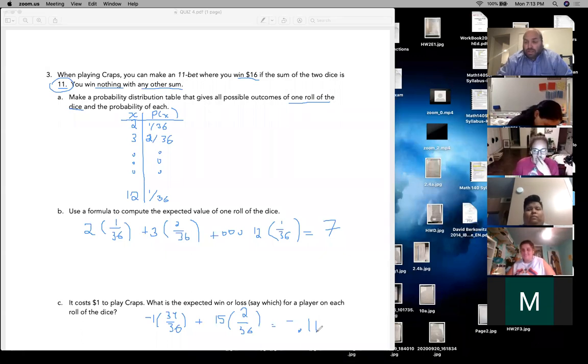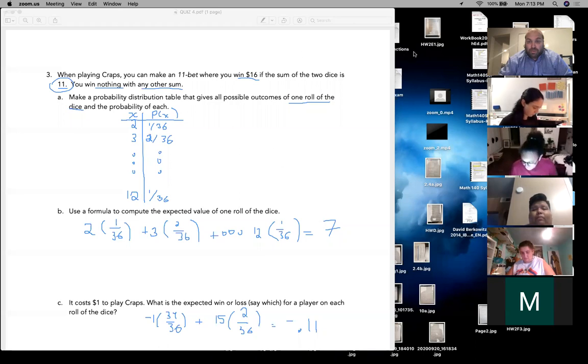Their whole objective is to win money and to have you lose money. So 2 possibilities: you lose $1 because that's what it costs to play, or you get $15, which is $16 minus the $1 you played. This is negative 4 over 36, negative 2 over 18, negative 1 over 9, or negative 0.11.